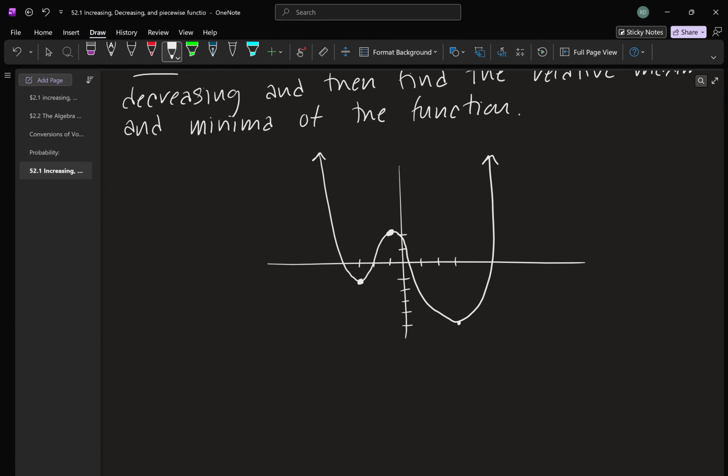So for our intervals of increasing, I like to use INC for increasing and DEC for decreasing, so I don't have to write them all out every single time. And then as a note, we always use soft brackets for increasing and decreasing.